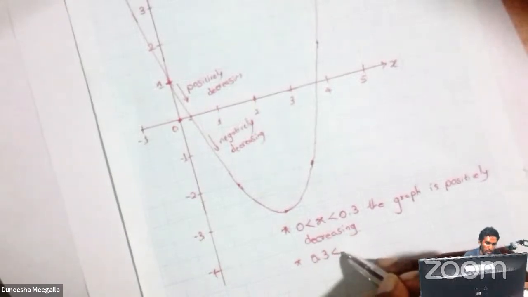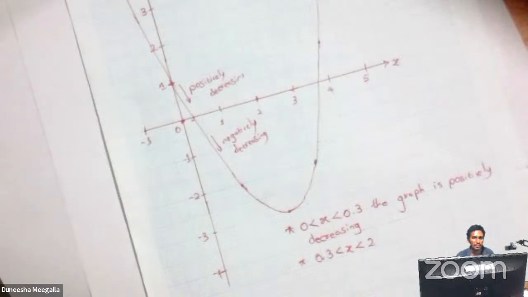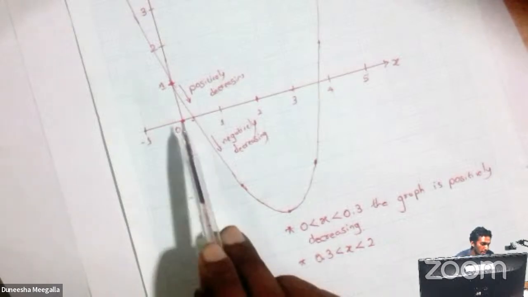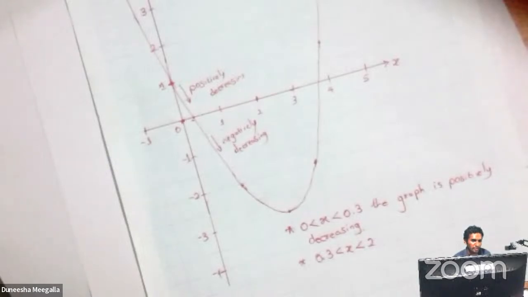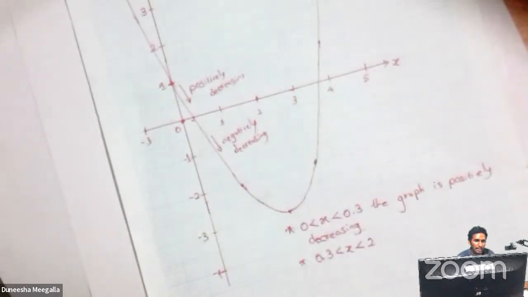Then after 0.3, before 2, what is the graph doing? From 0.3 to 2, what happens? Once it crosses here, it is negatively decreasing.